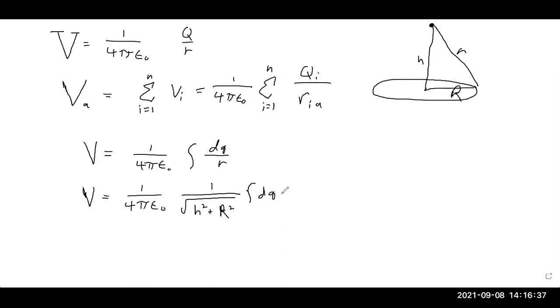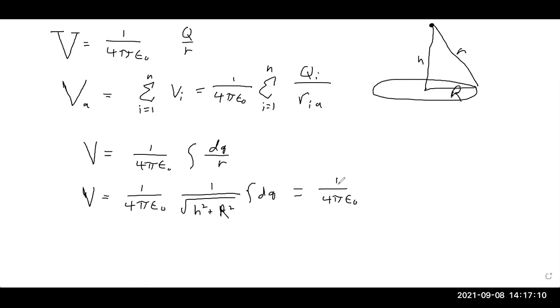So for problems where different charges were at different distances, we could not pull our distance bit out of the integral, but this time we can because all of the charge is this hypotenuse away from the point we're measuring. So we just need to figure out how much charge is there.